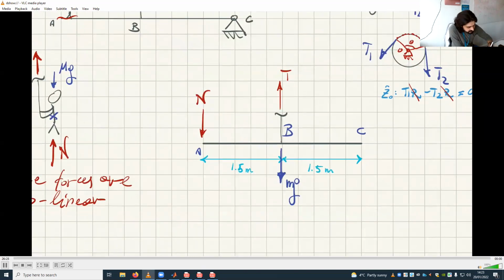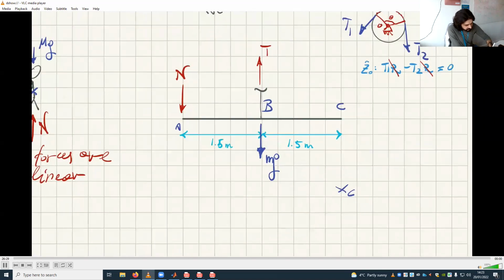So in order to find the x coordinate of the center of gravity, you need to integrate x dm and divide everything by the mass. And if you want to find y, you just have to exchange coordinates.